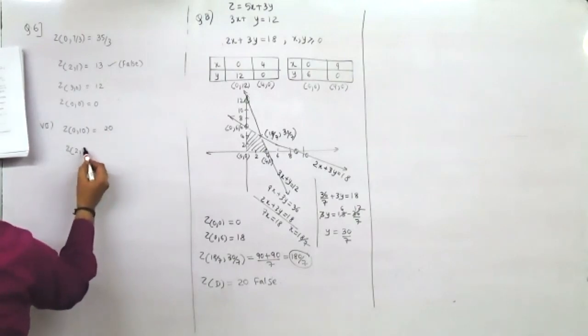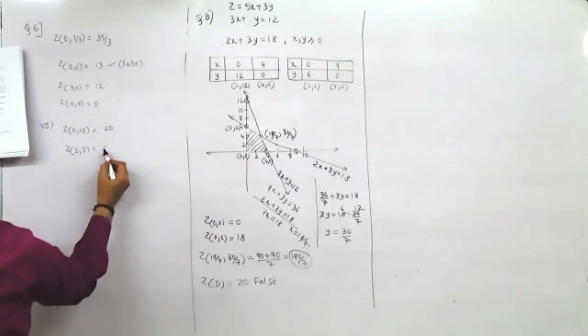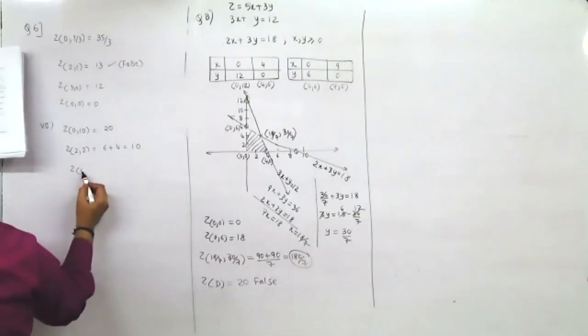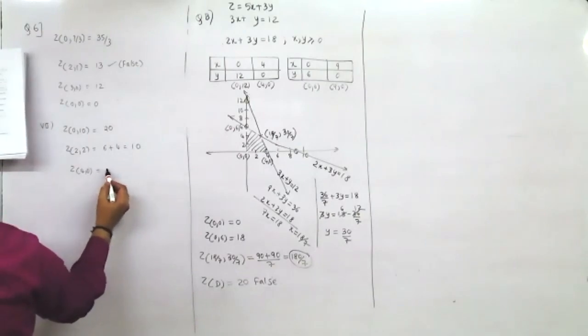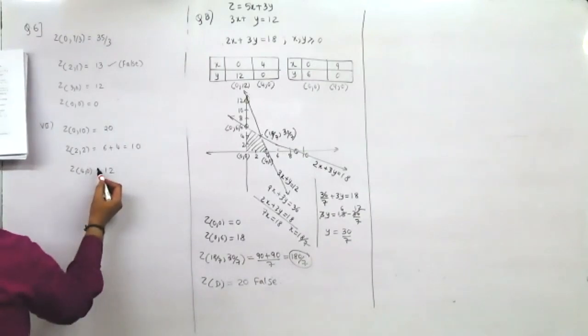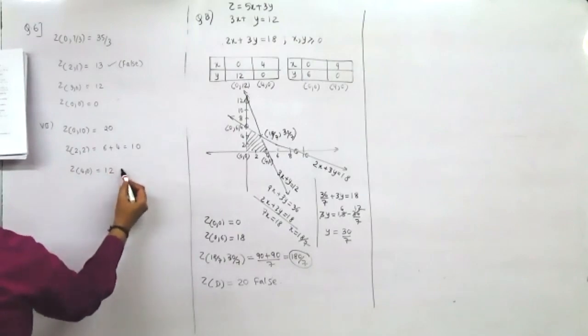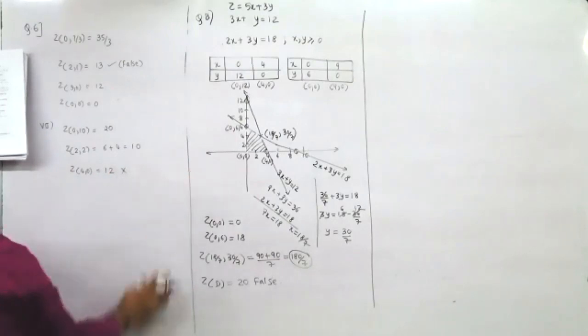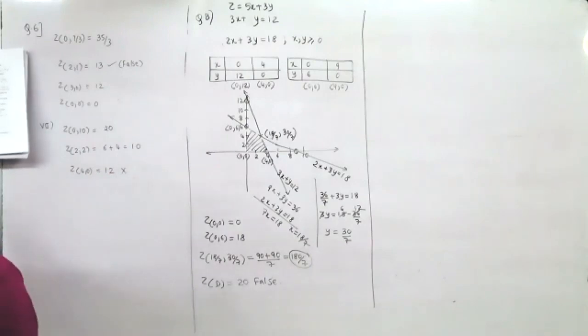Z at D would be 6 plus 4, 10. Z at C (4, 0) would be 3 into 4, 12. So this is not the minimum value. The minimum value is at (4, 0)? No. Oh my God, it's given as true.